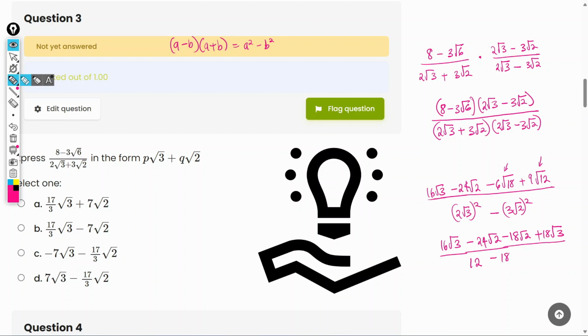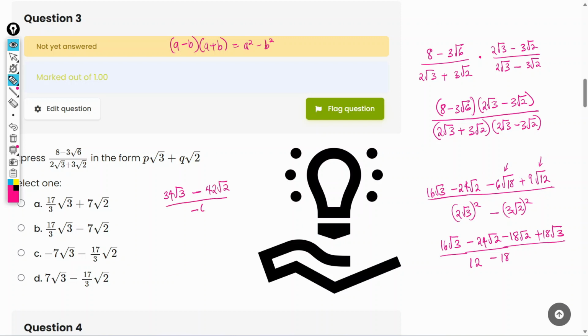So that should be 34 root 3. And then minus 24 minus 18 should be minus 42, right? Yes, minus 42 root 2.